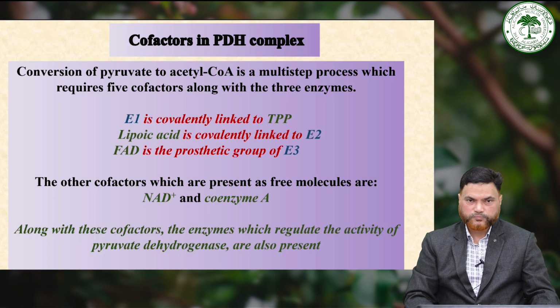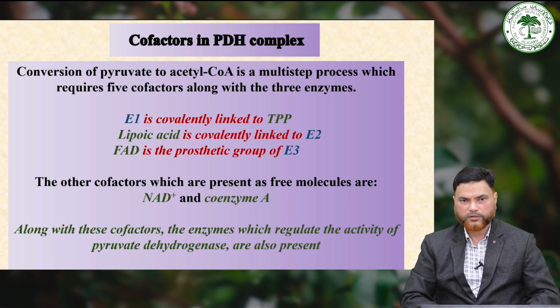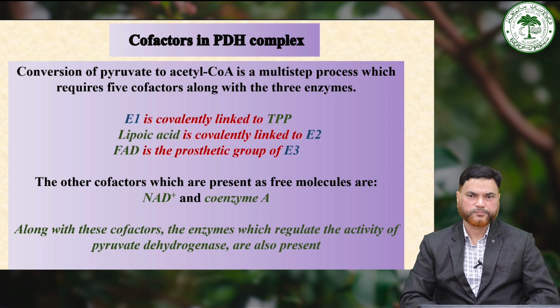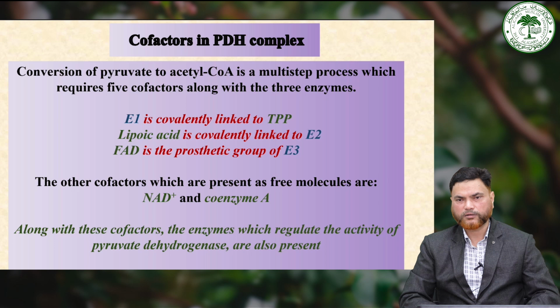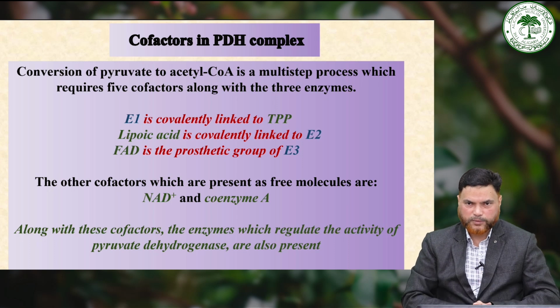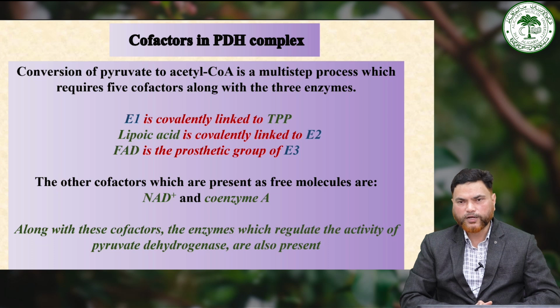So, the composition of the enzyme: E1 is a tetraheteromer comprising alpha and beta subunits, covalently linked with thiamine pyrophosphate, abbreviated as TPP. So, this first enzyme complex E1 is covalently linked to TPP.